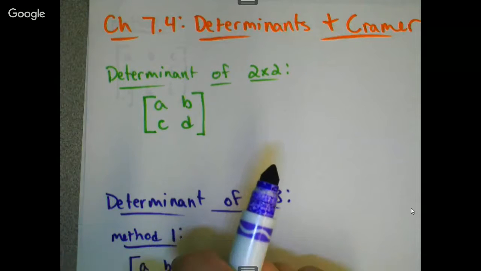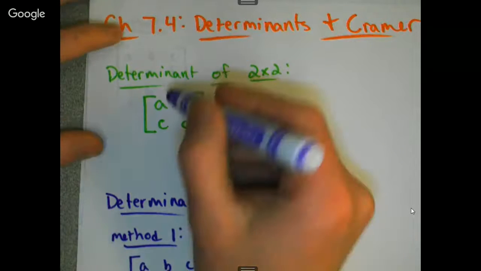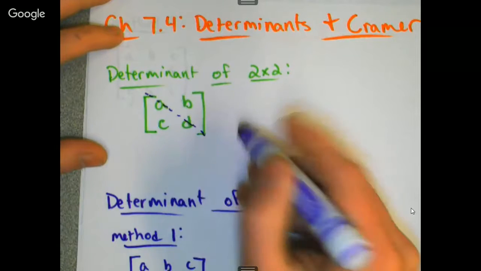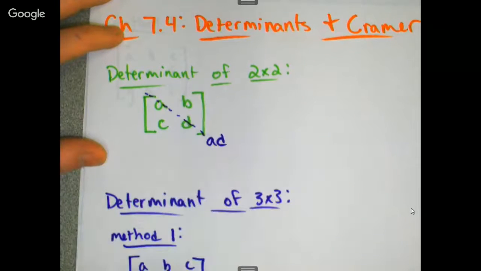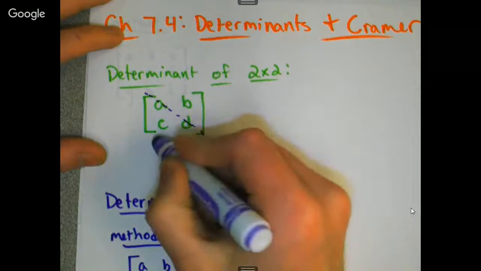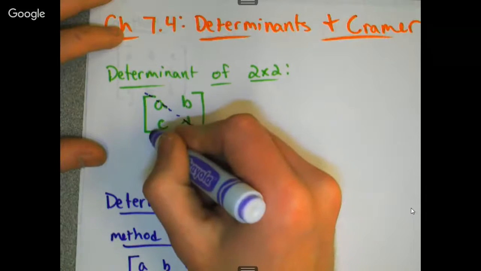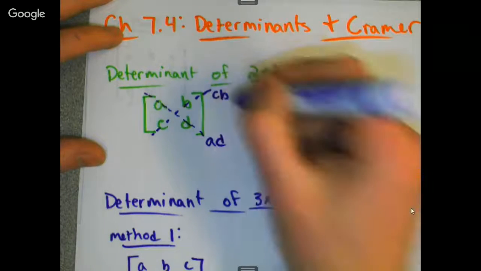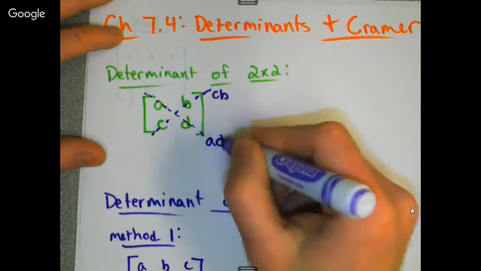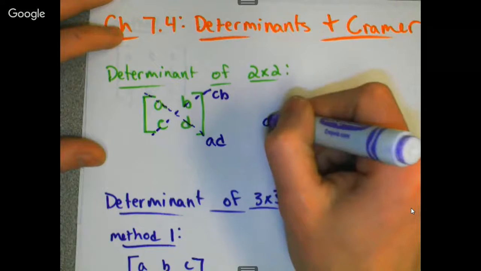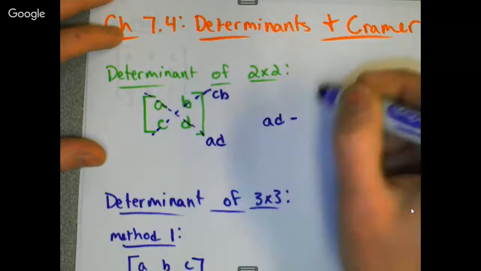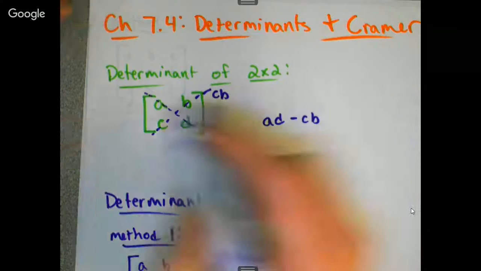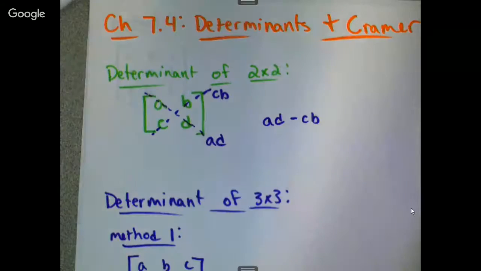So in order to find this, we're going to take A times D. I kind of look at it as this diagonal. And we're also going to take C times B. And then we'll take the bottom number that I get from that, so AD, minus this top number. Okay. So I kind of have a way I remember that.